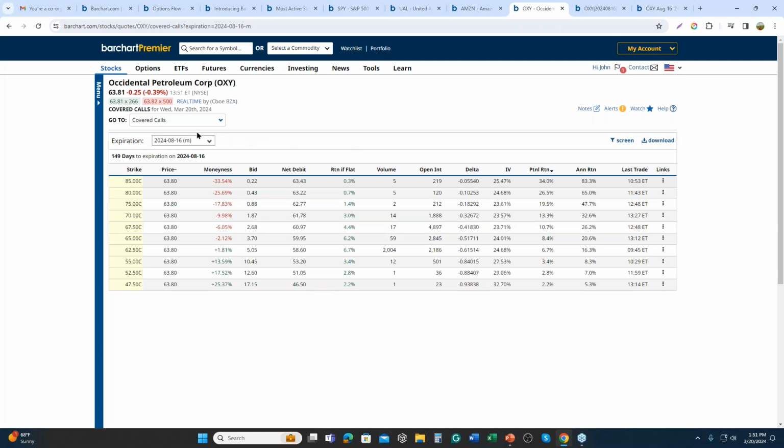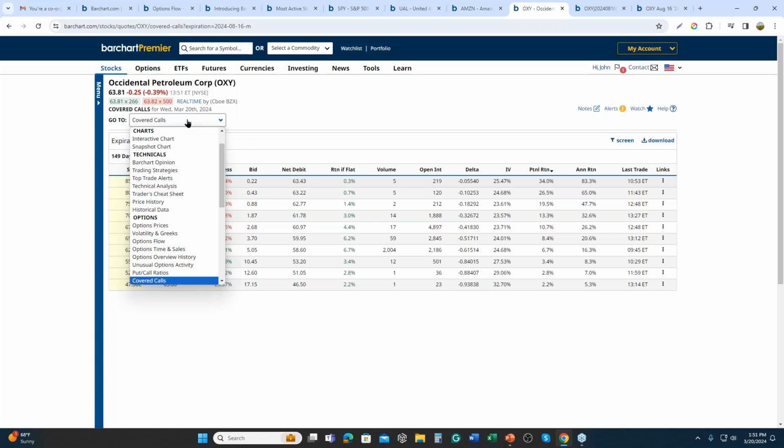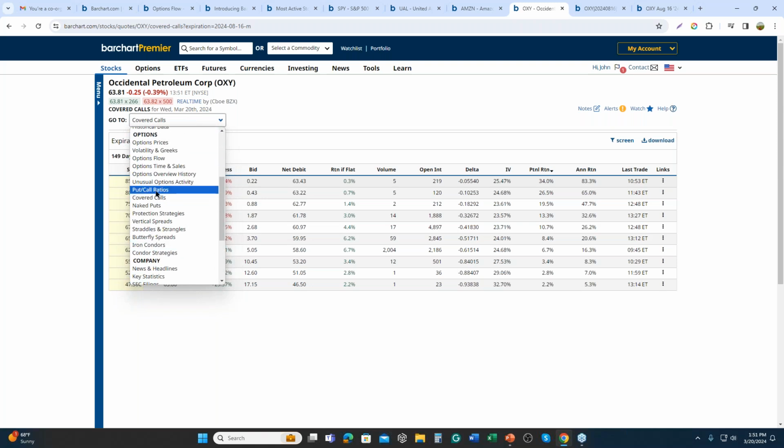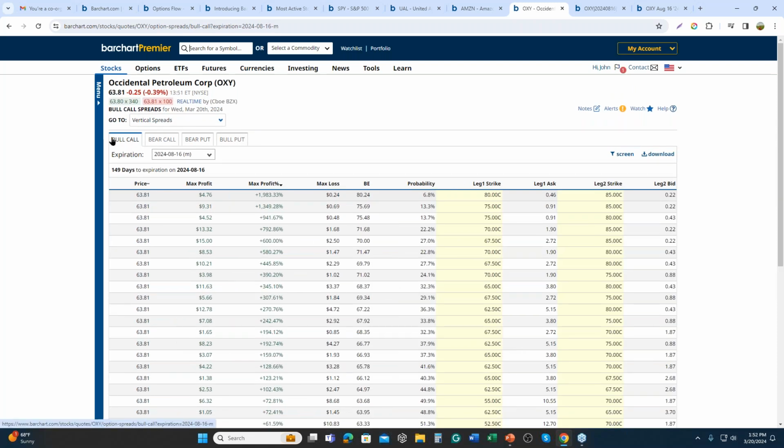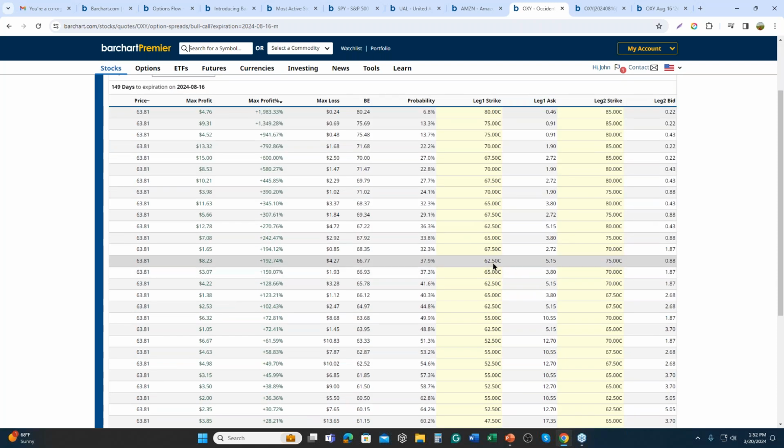All right, what I could do also is wait and make sure that open interest is an accumulation, but I could also look at, let's say, some vertical spreads. And so again, a bull call spread based on our August expiration. How about we do a 62.50?